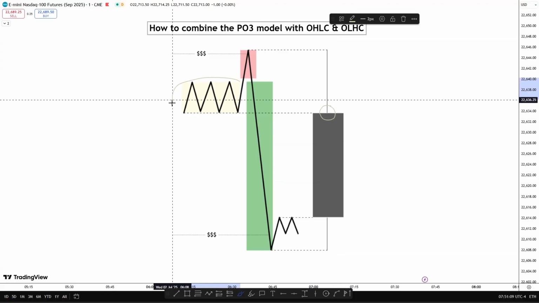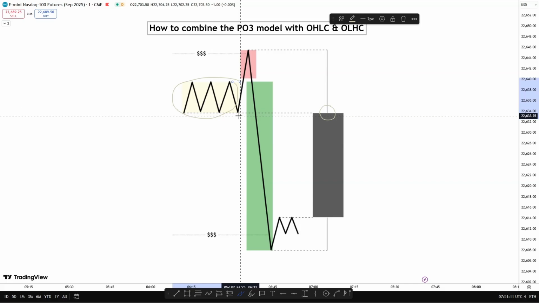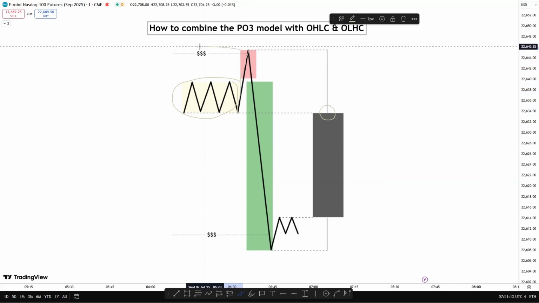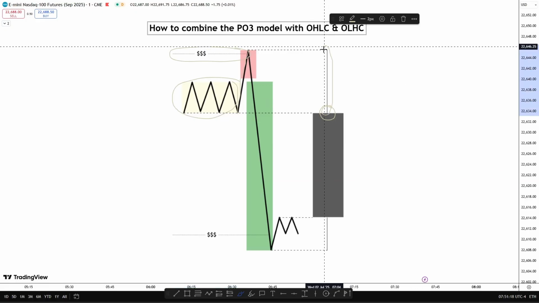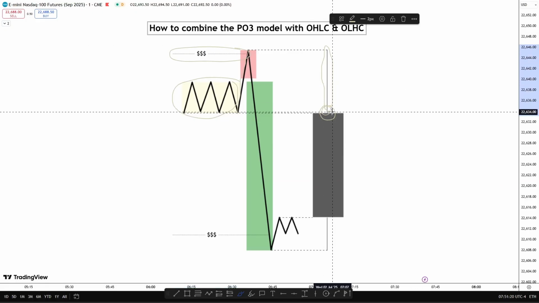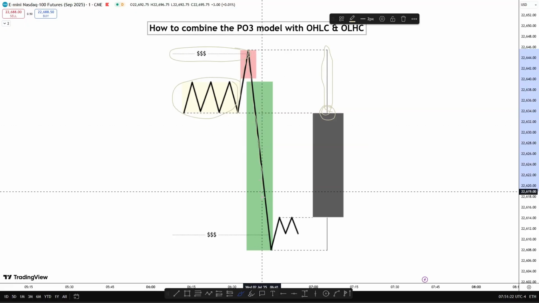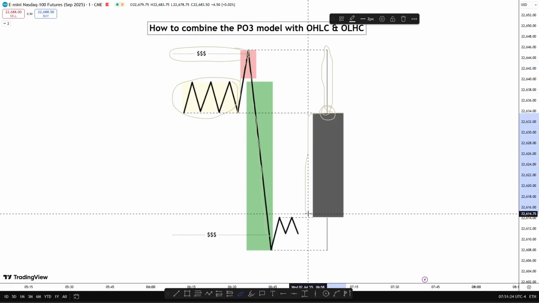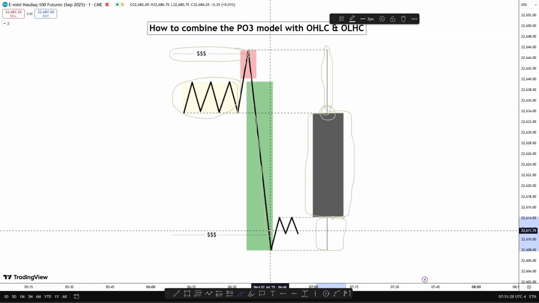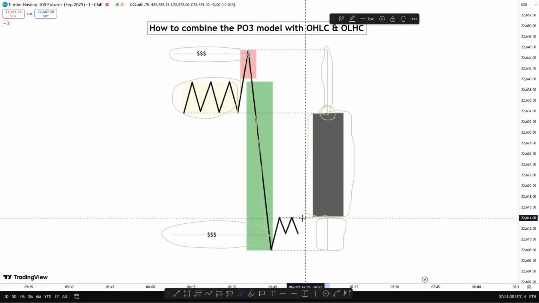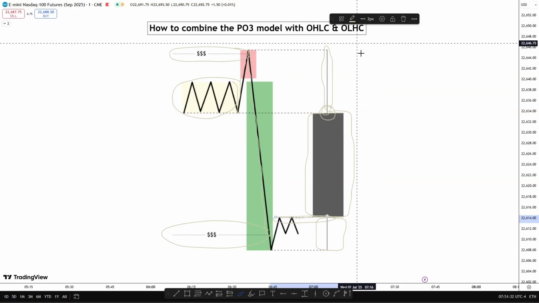We get our zone of accumulation, and then we get our manipulation higher to hunt out liquidity resting right here. That puts in the top wick of this new 4 hour candle, and then we get our distribution lower, filling in the whole body of this wick and putting in the low, also hunting out liquidity and then closing perfectly.